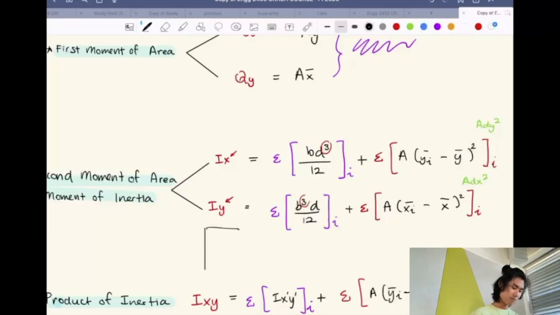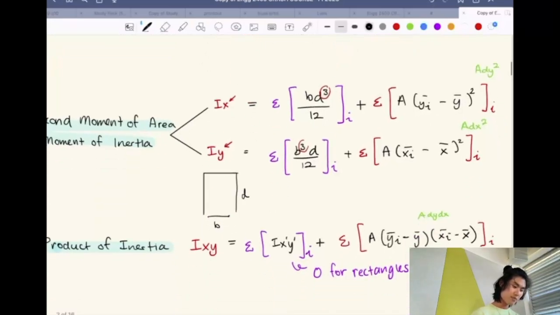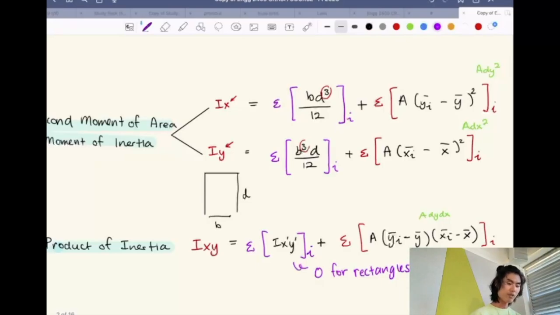So if I draw a cross section, and this is B, this is D, then your moment of inertia around the x-axis would be how well it can take forces along the depth.